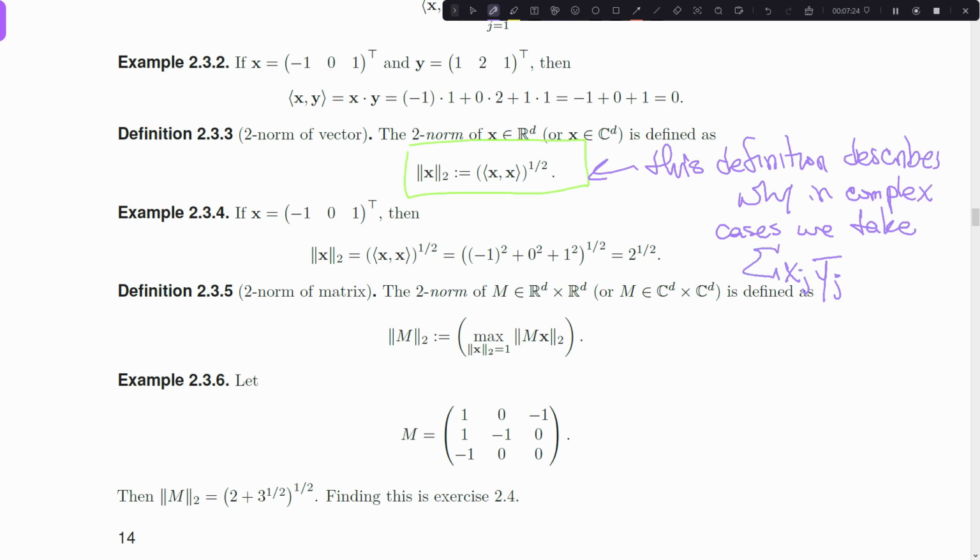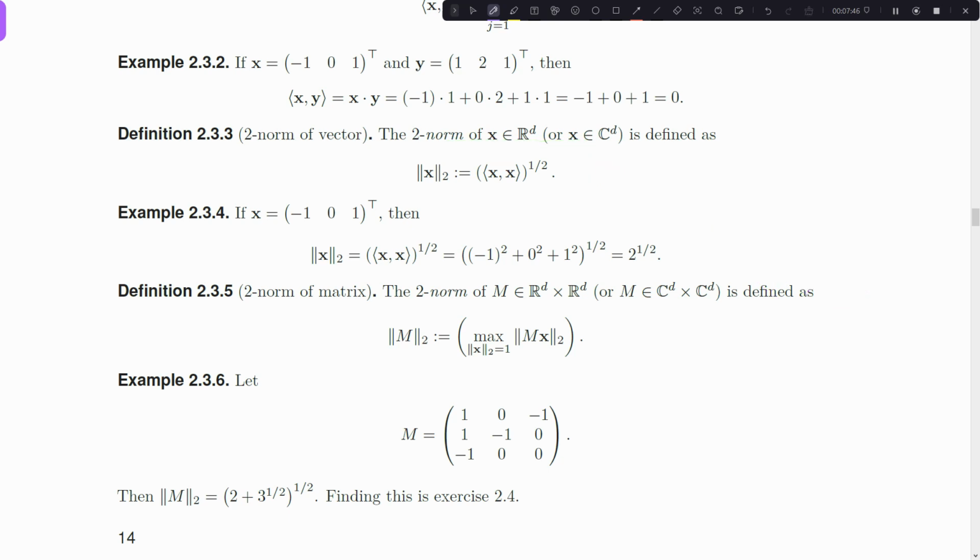Because if I'm taking the inner product of x with itself, then I'm actually taking the product of x with its conjugate, which would give me the norm of x. It would give me the complex magnitude of each of those entries. So that's really one of the reasons why we like placing the complex conjugate on the second entry in the inner product.